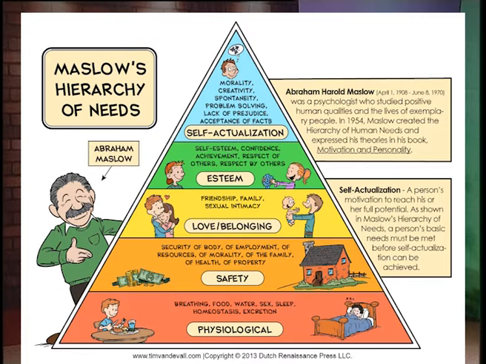Esteem, the need to feel confident and be respected by others. Self-actualization, the desire to achieve everything you possibly can and become the most that you can be. According to the hierarchy of needs, you must be in good health, safe and secure with meaningful relationships and confidence before you are able to be the most that you can be.